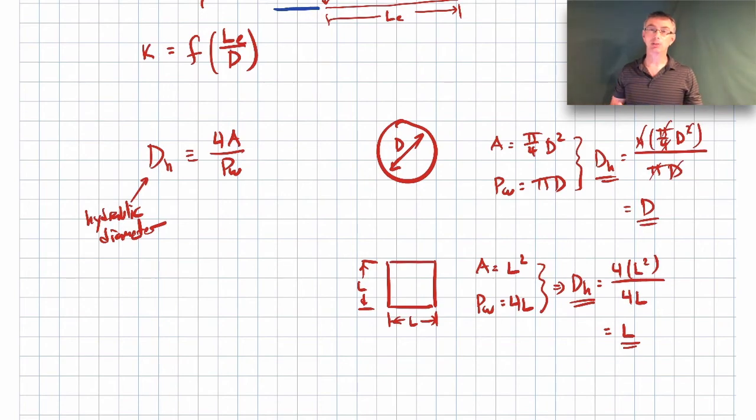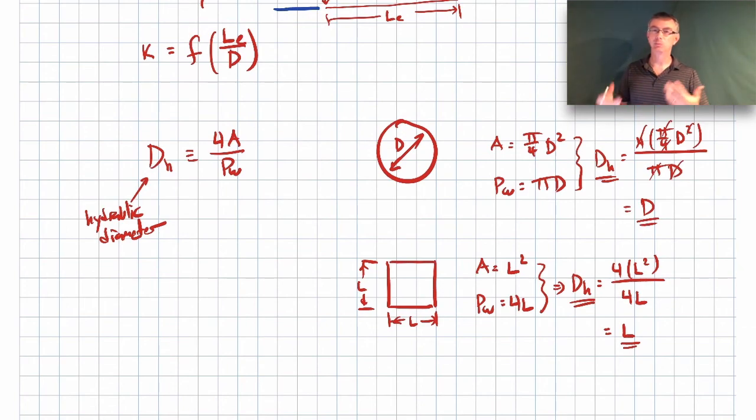So again, we can use this idea of hydraulic diameter everywhere we had a diameter in our extended Bernoulli equation analysis. So we use it when we calculate the Reynolds number and look up the friction factor with the relative roughness. And it works pretty well as long as the aspect ratio of the duct isn't too extreme. It won't work very well if you have a rectangular duct that's really thin and long.